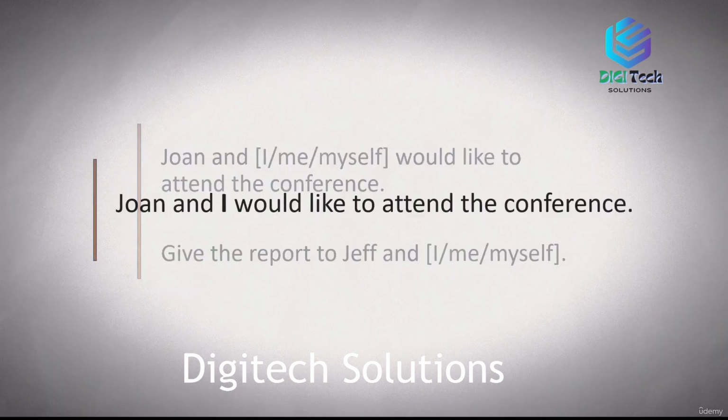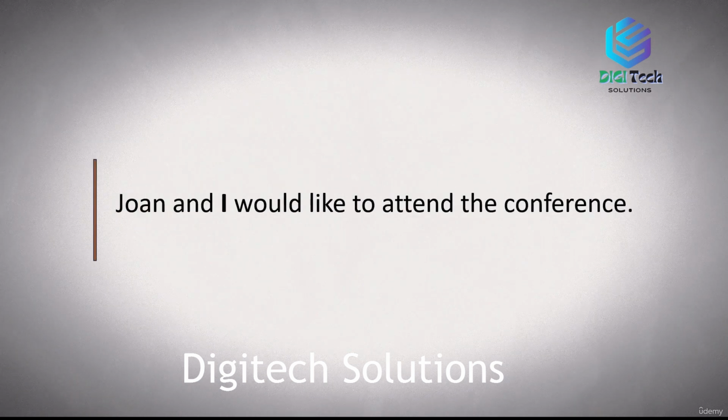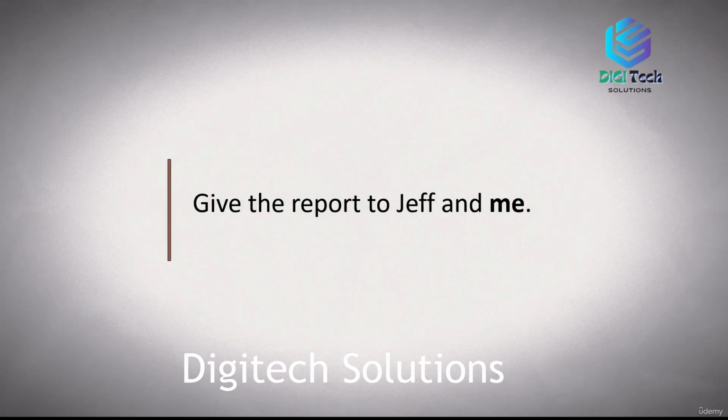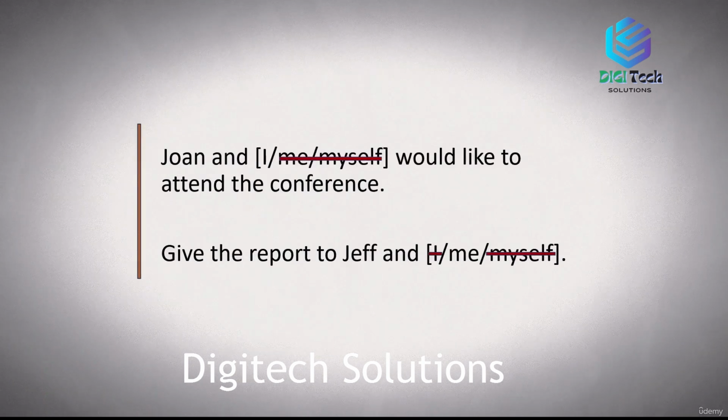The correct choices for those sentences are: John and I would like to attend the conference. I is the subject of the sentence. Give the report to Jeff and me. Me is the object of the preposition to. Myself was not the correct choice for either example and is frequently misused.